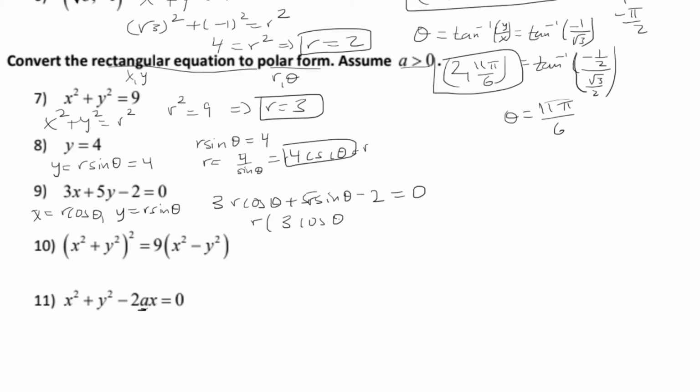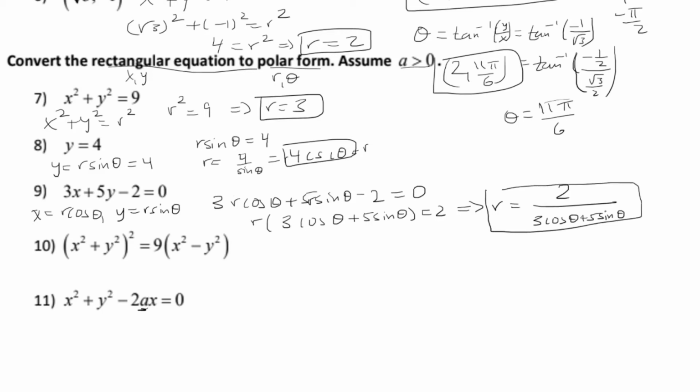So it's r times 3 cosine theta plus 5 sine theta. I'm going to throw the 2 to the other side. And now I can solve for r as 2 over 3 cosine theta plus 5 sine theta.